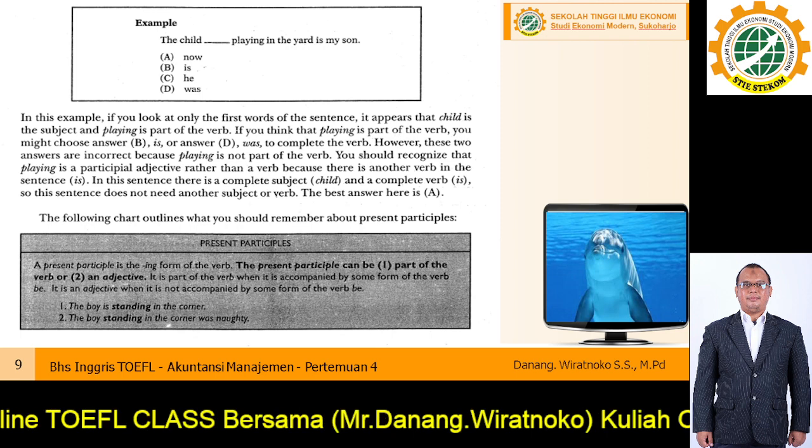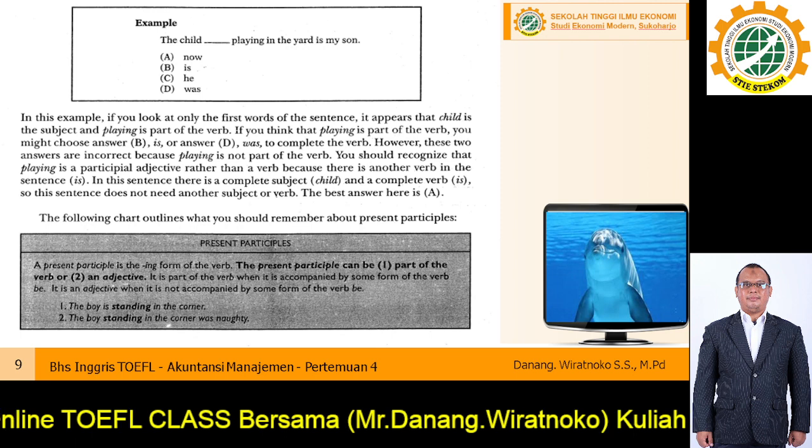Okay, the following chart outlines what you should remember about present participle. So present participle is the ing form of the verb. The present participle can be number one, part of the verb, or number two, an adjective. It is part of the verb when it is accompanied by some form of the verb be.